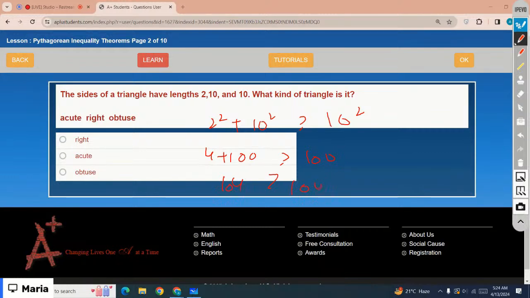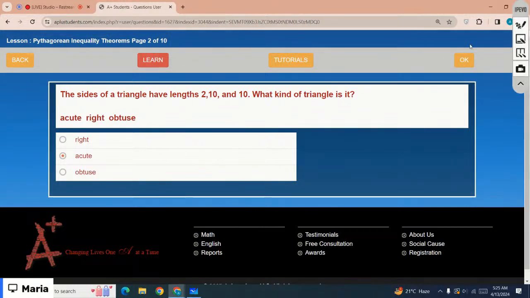So that means that is an acute triangle. Got it? The correct option is acute triangle.